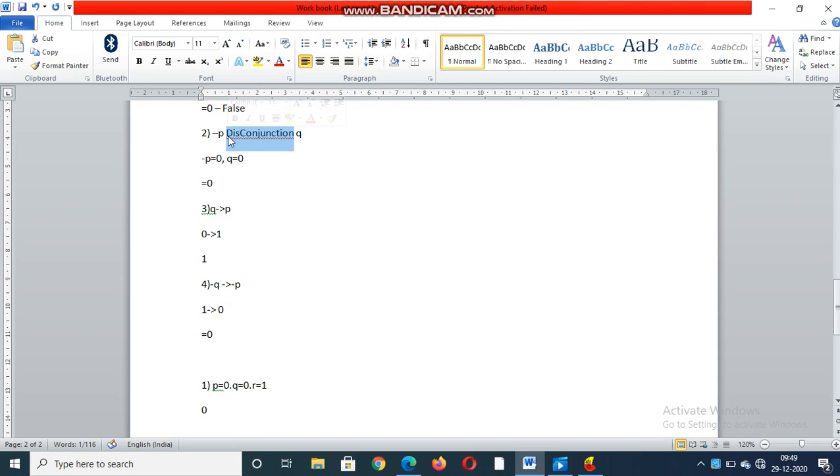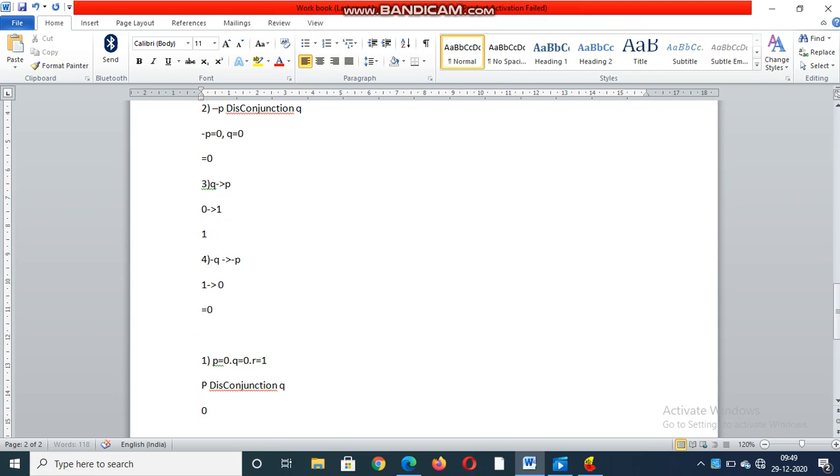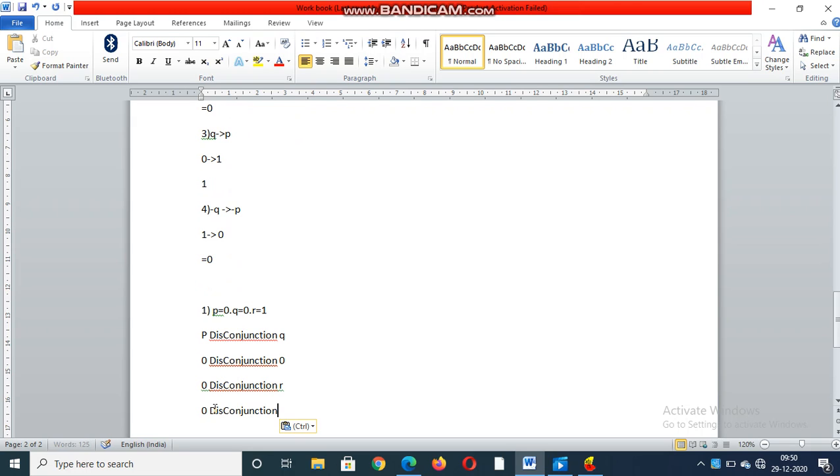Just see properly, first I am doing P disjunction Q, which is 0 disjunction 0, output is 0. Next, P disjunction Q disjunction R. So 0 disjunction, R is 1. So the output is definitely 1.